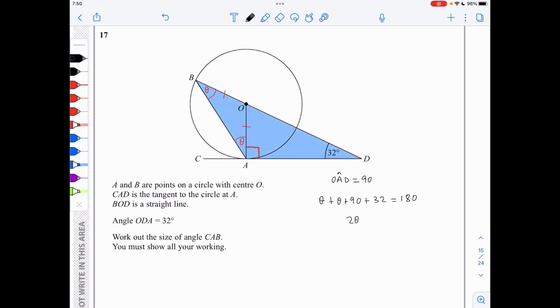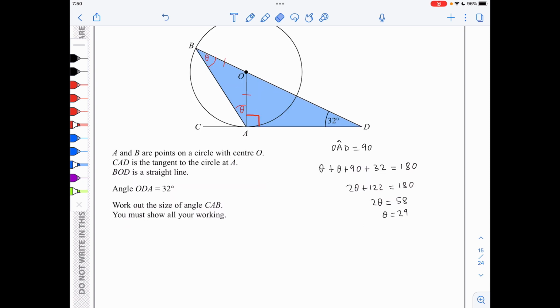So 2 theta plus 122 is equal to 180, which means that 2 theta is 58 and theta turns out to be 29 degrees. Now CAB, I'm just going to do 180 minus the theta and the 90. So CAB is 180 minus the 29 plus 90, and this works out to be 61 degrees.